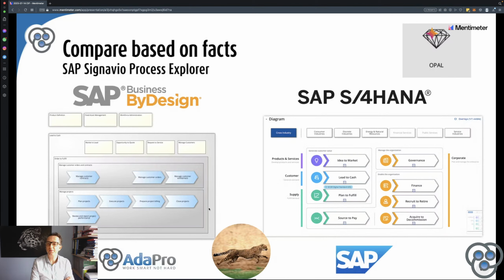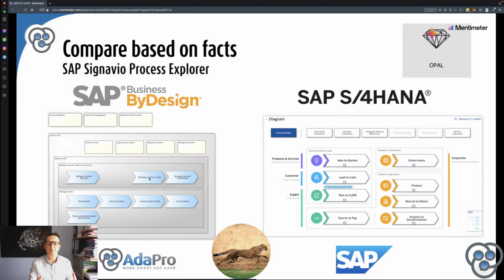So we are using these end-to-end processes, which we find in SAP S4HANA, Signavio Process Explorer, and we have our own from AdaPro. The one about S4HANA is from SAP, and then we have our own, which we have built over the years. This process library accelerator in the Signavio Process Explorer, and then we take the two and we compare them systematically.